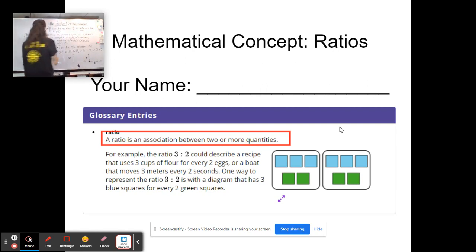So the fraction forms of these ratios would look like 9 circles to 6 stars, or 6 circles to 4 stars, or 3 circles to 2 stars. That's sort of in fraction form, and instead of fraction bars, we could have written colons.